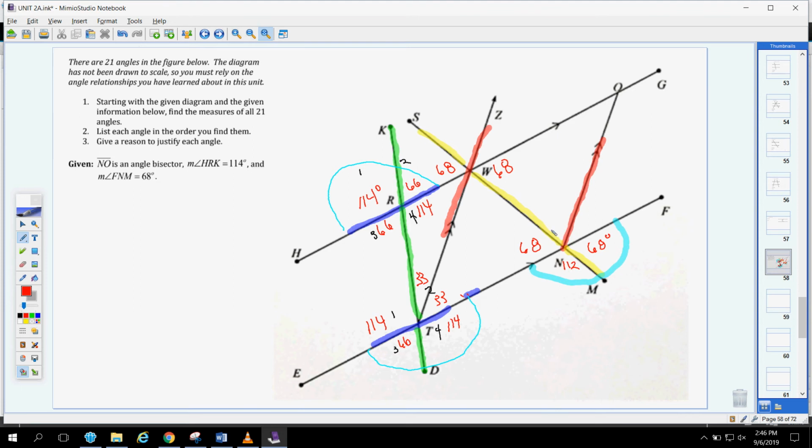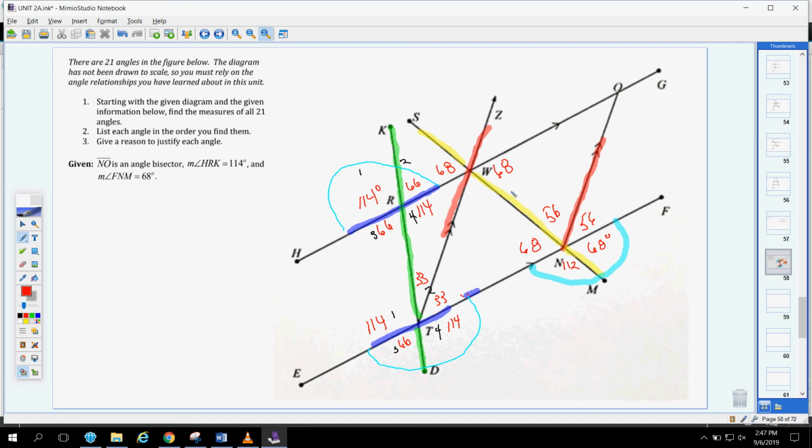Now straight across here we have verticals, but we have 112 here, so this entire angle here has to be 112. We're just going to split it into 56 and 56. All right, so now we know this is 56.